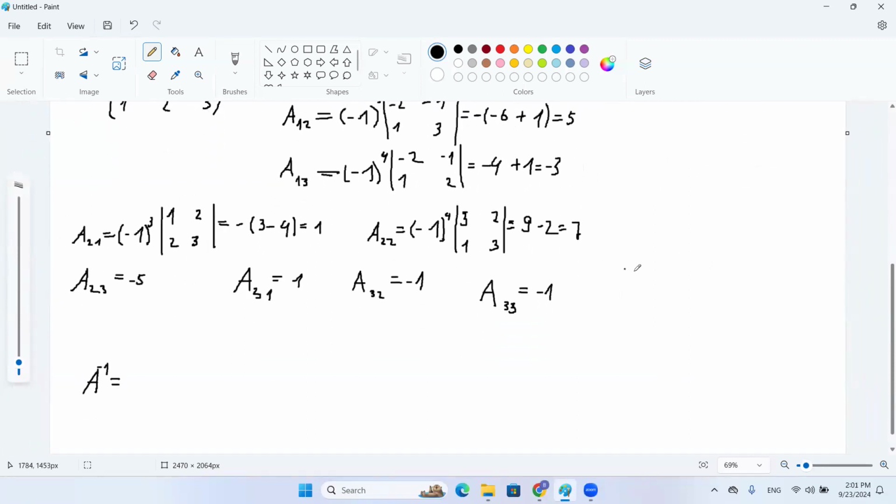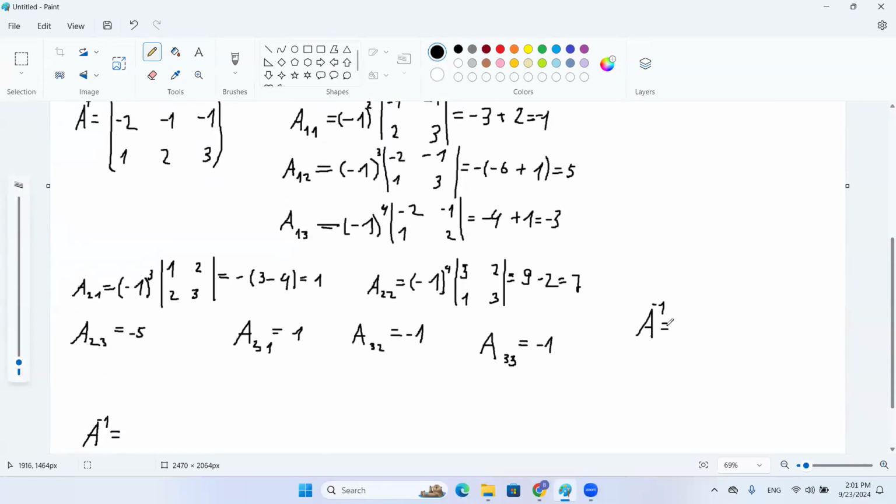The first row of the inverse matrix will be -1, 5, and -3. But don't forget, did you forget anything or not? I don't think so. What did we first calculate for our system?